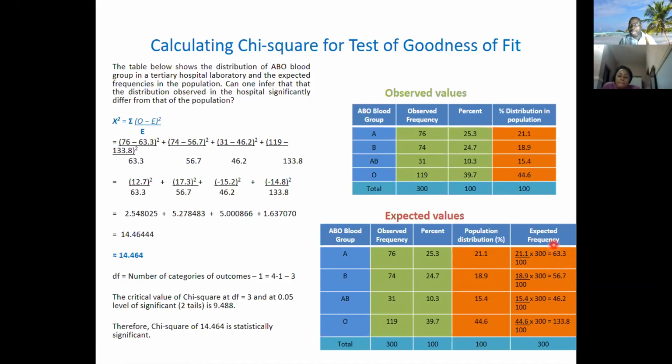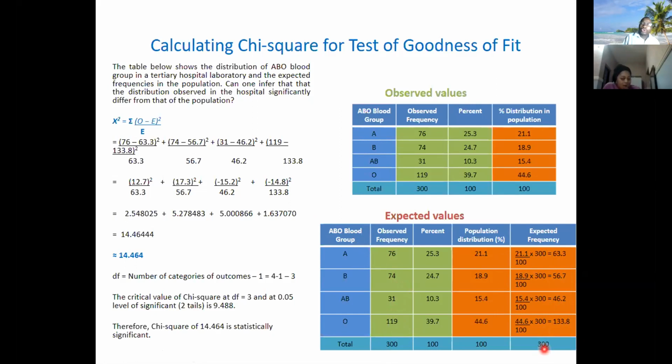So the expected frequency now will be 63.3, 56.7, 46.2, and 133.8, and your own observed is 76, 74, 31, and 119. That's it. If you add these, it will be 300, because you are using 300 as the denominator.